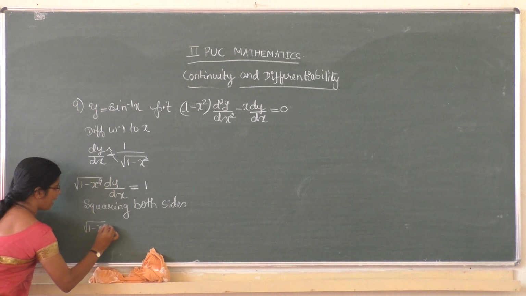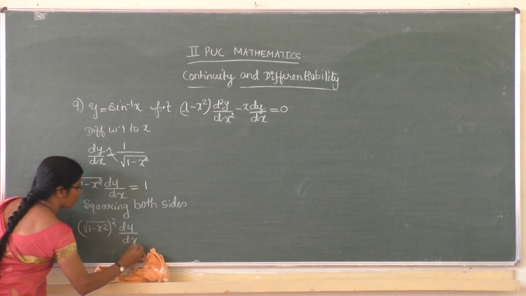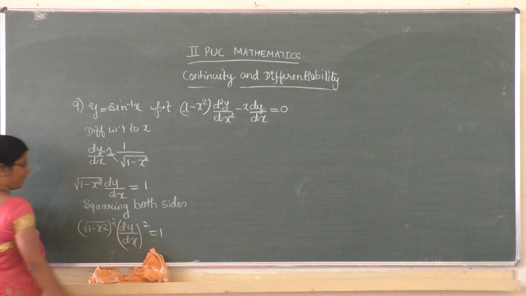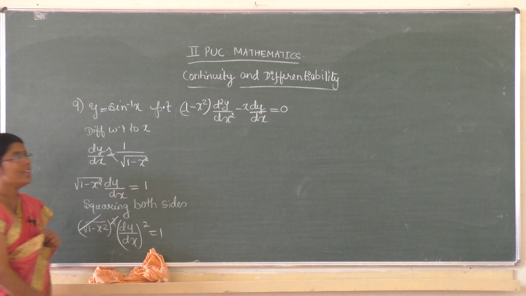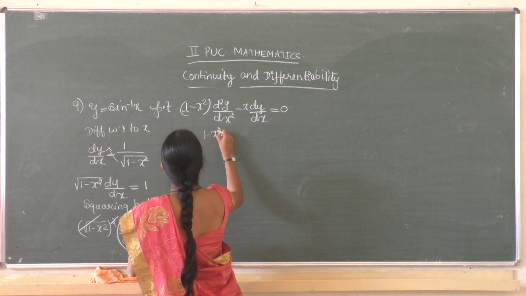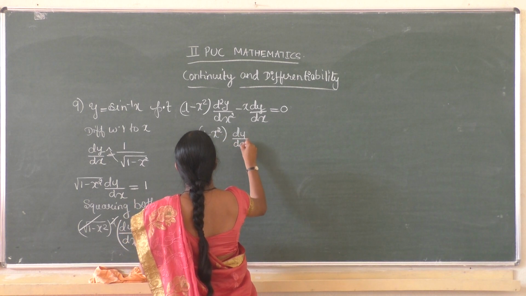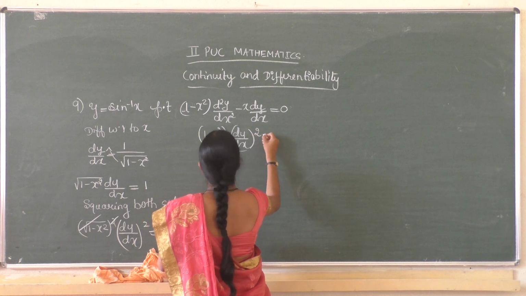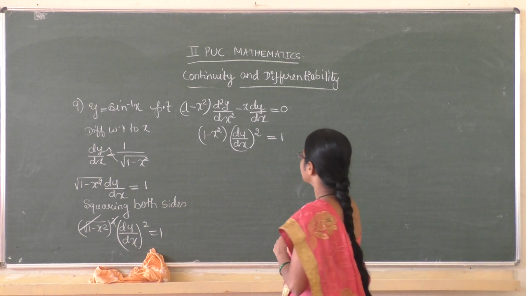Root of 1 minus x square whole square into dy by dx whole square is equal to 1. Here square and square root cancels. So what we get? 1 minus x square into dy by dx whole square is equal to 1.